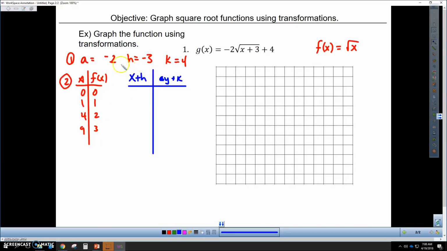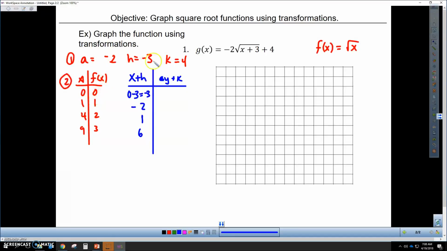I'll do the x values first, x plus h. So I'm going to subtract 3 from all of these values. 0 minus 3 is -3. 1 minus 3 is -2. 4 minus 3 is 1. 9 minus 3 is 6. Then I'll apply the operations of multiplying by a to my outputs and then adding k.